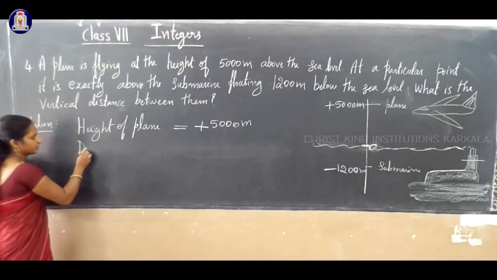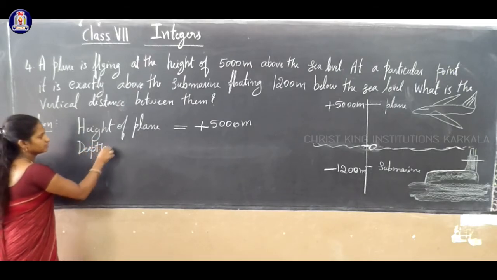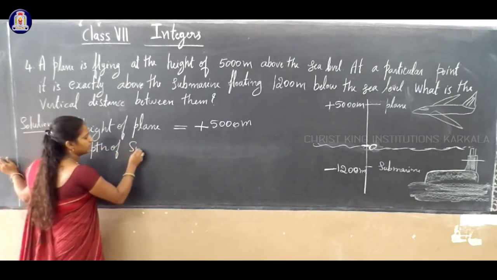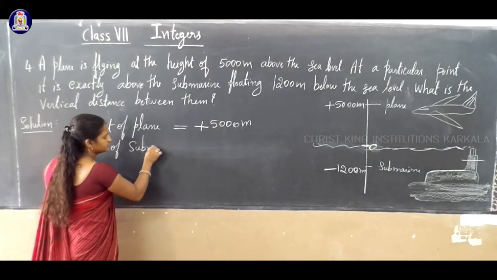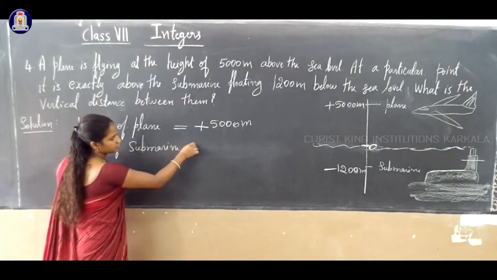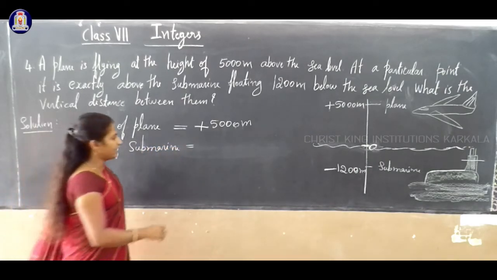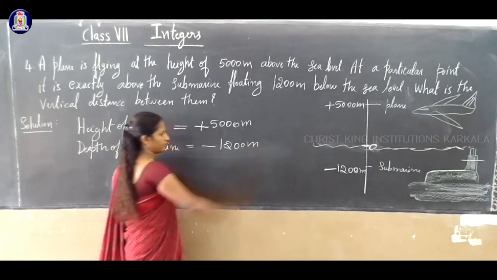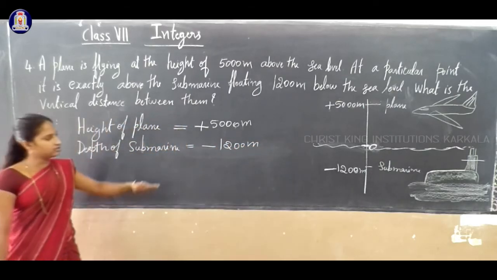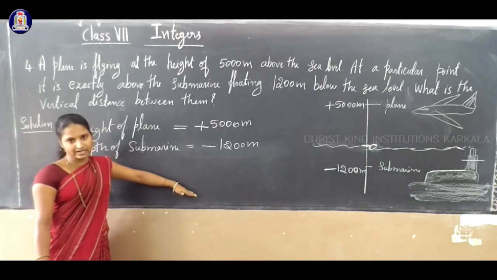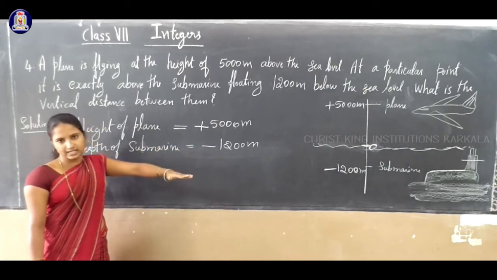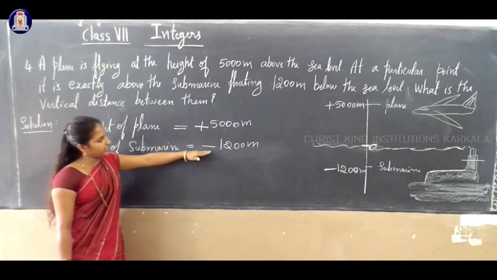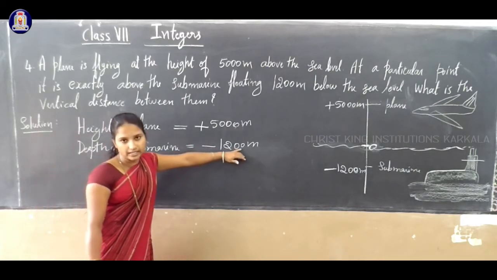Next, the depth of the submarine is minus 1200 meter. Why minus? Because the submarine is under the sea level, that means below the sea level. So we write minus 1200 meter.